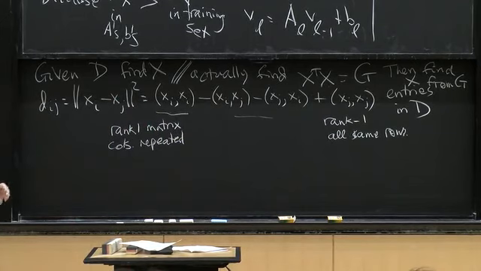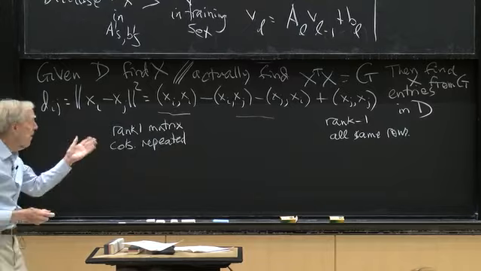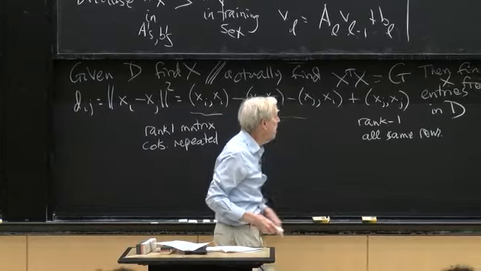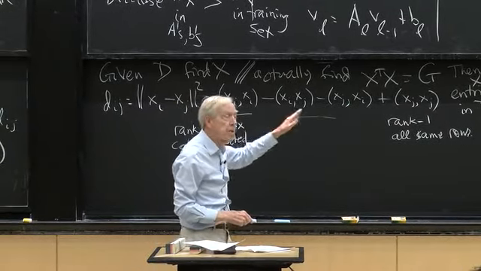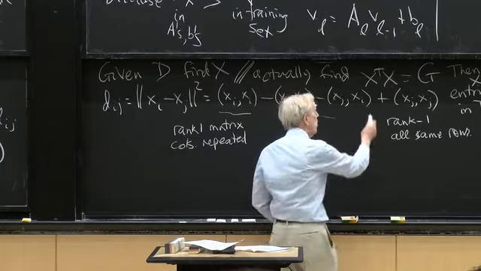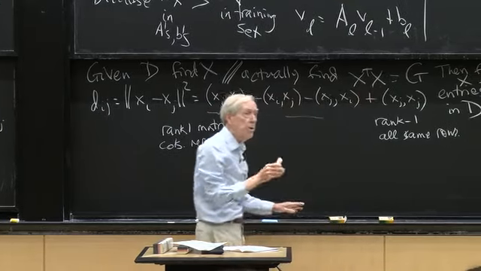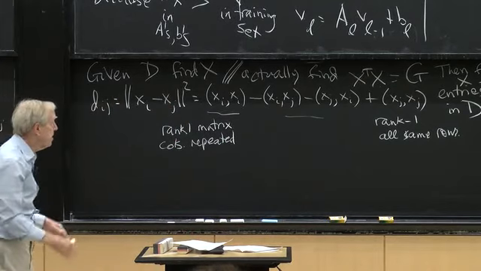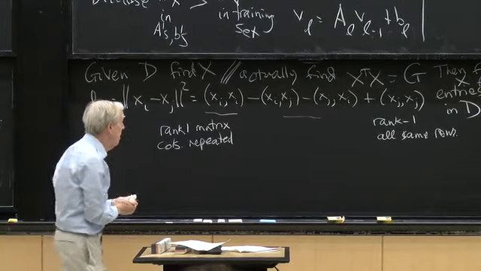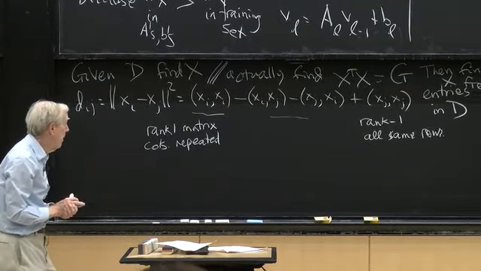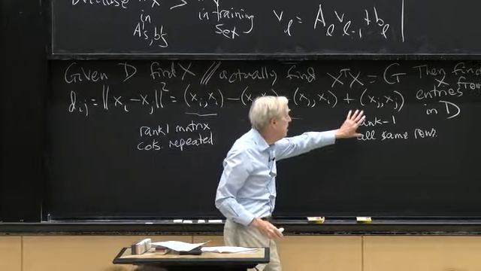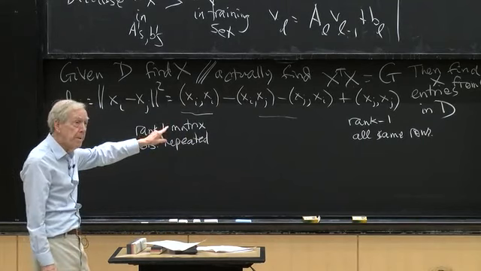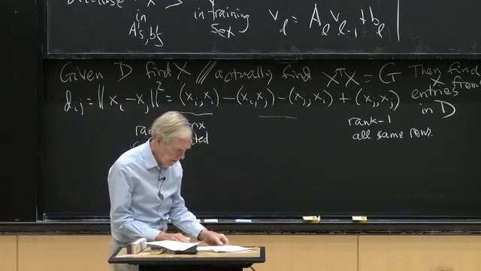And then once I know G, it's a separate step to find X. And of course, this is the point at which X is not unique. If I put in a rotation Q into X, I'll see a Q transpose Q and it'll disappear. So I'm free to rotate the X's because that doesn't change the dot product. So it's G that I want to know. And this tells me something about G, and this tells me something about G, and so does that, but that's what I have to see.